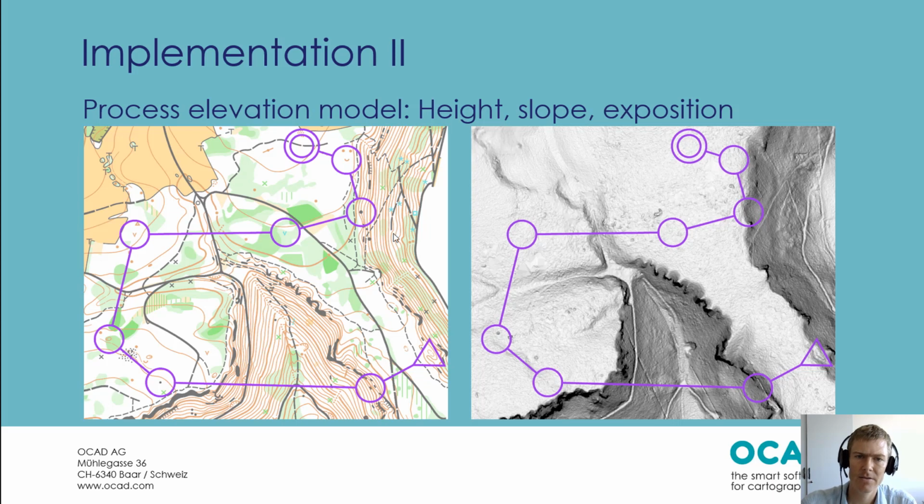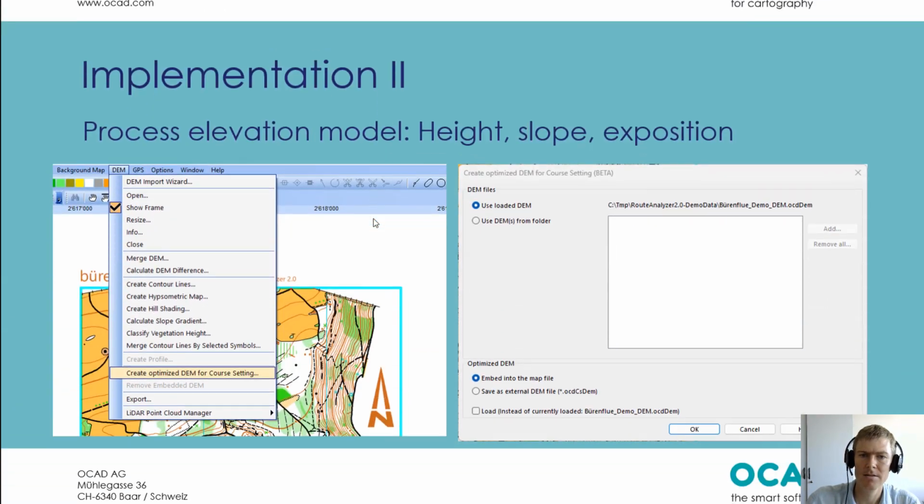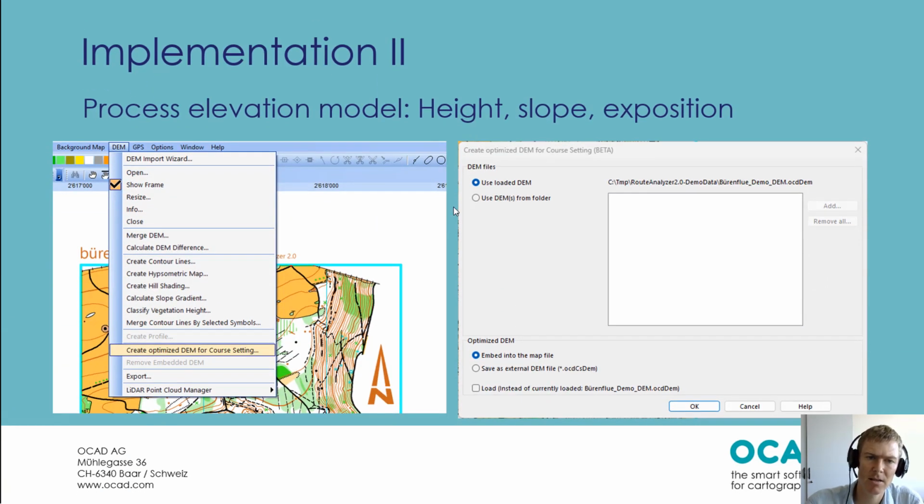Then you have the elevation model that OCAD needs to consider the height and the climbing. The digital elevation model is typically produced by the map makers, as they need it to calculate contour lines, hill shading maps or vegetation maps. You have to load a DEM in the course setting project to calculate the height along the routes.